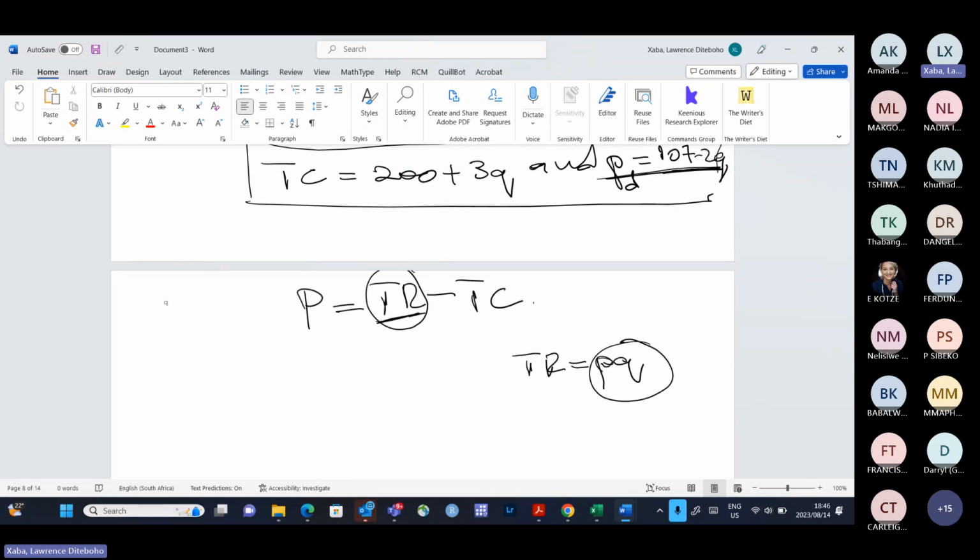So that will be representing P in this equation. So meaning our TR there will be equal to this is our P times our Q. So what do we do now? We multiply to break the brackets.